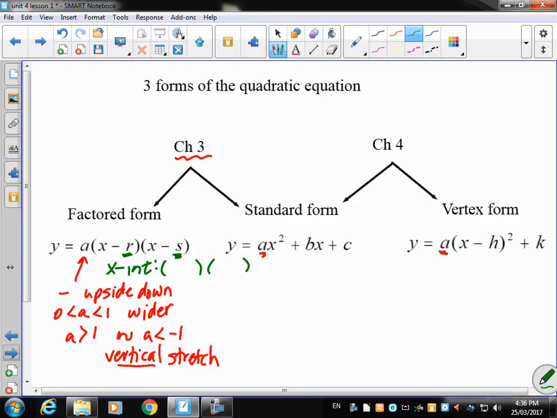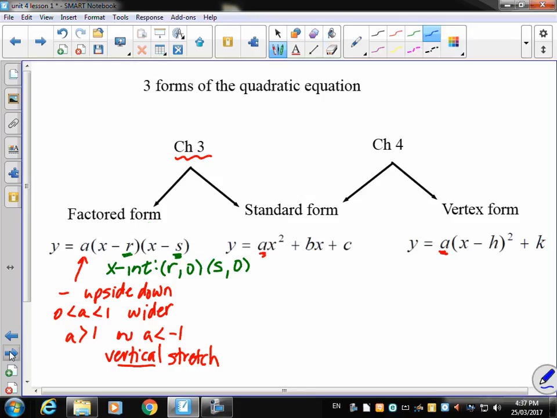We have one x-intercept of whatever value R is, and the other one is S. Notice in the form that we have right now, I have x subtract R, which would give me a positive x-intercept of R. X subtract S gives me a positive S for an x-intercept. If I had, for instance, x plus 5 as one of my factors, then I would have an x-intercept of negative 5, always opposite to how it appears in a bracket.